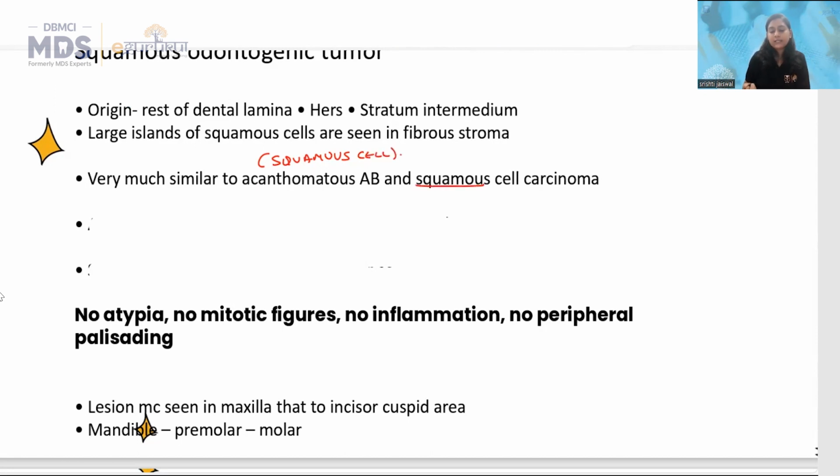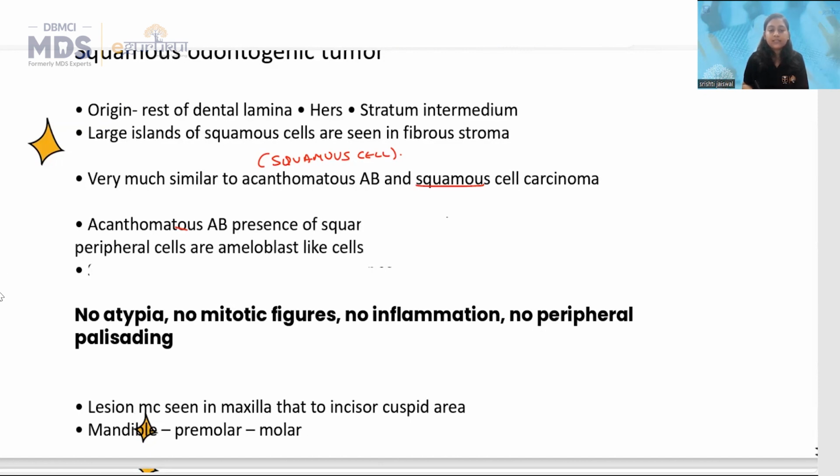And in squamous cell carcinoma, obviously squamous cells are present. So it is very much similar to the acanthomatous ameloblastoma and squamous cell carcinoma. Now, acanthomatous ameloblastoma, presence of squamous cells along with keratin pearls, but here the peripheral cells are ameloblast-like cells.